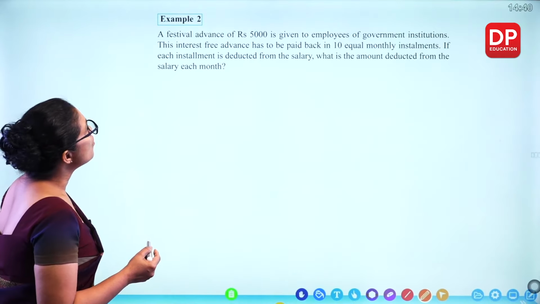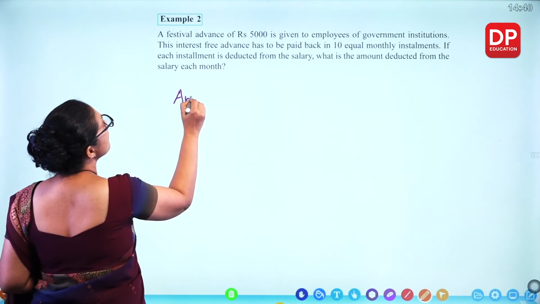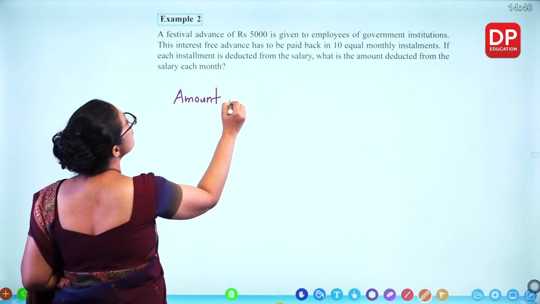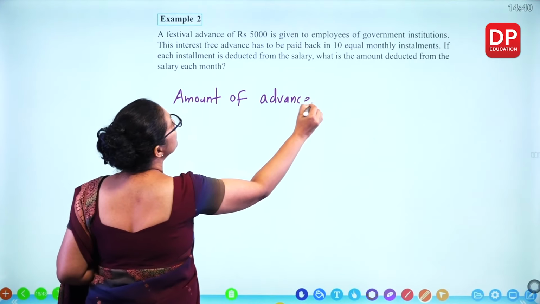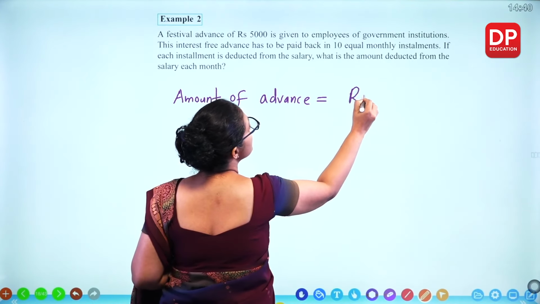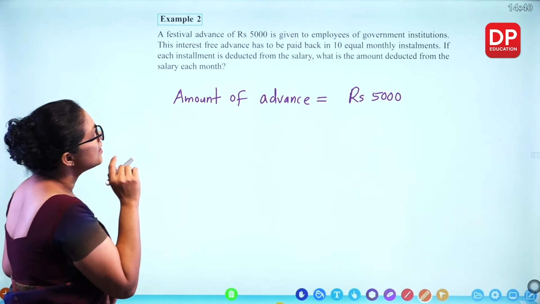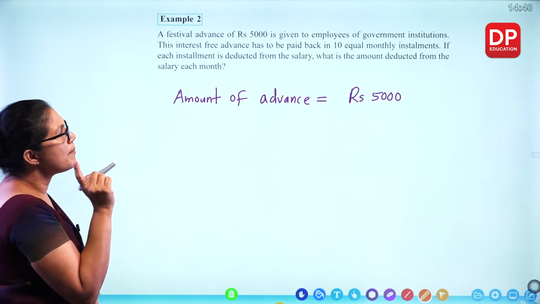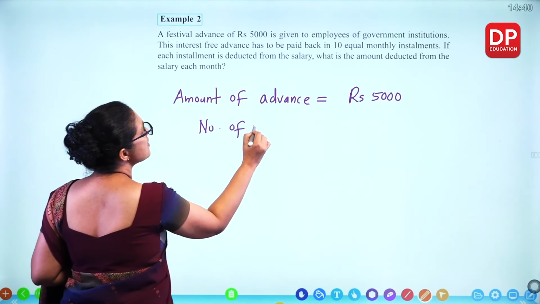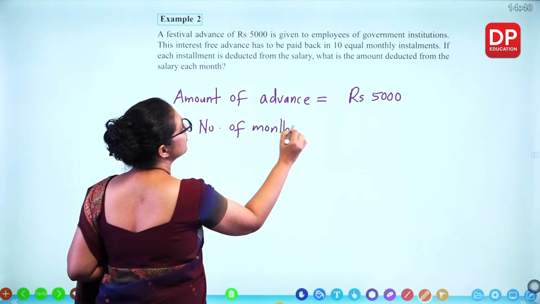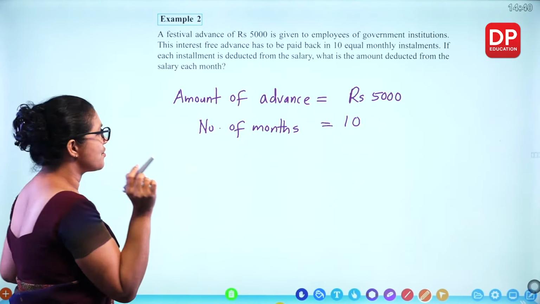So the amount of the advance is 5,000 rupees. How many installments? So 10 equal monthly installments. Number of months, that's 10. So this is without interest.